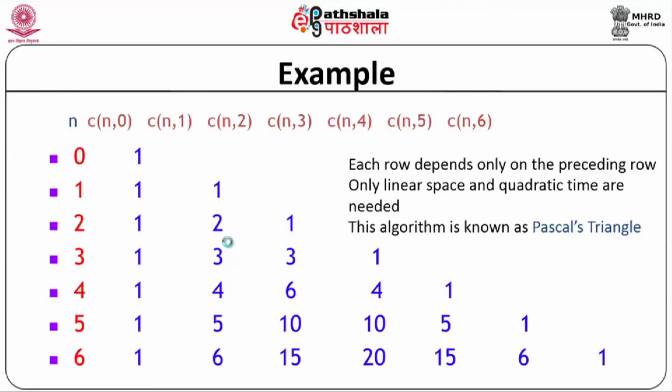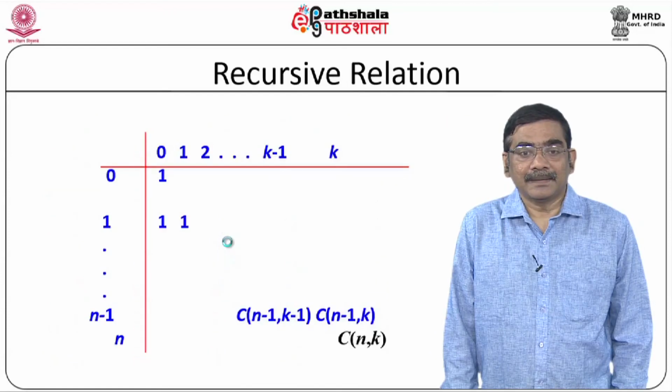So, suddenly you realize that the whole problem is reduced, where each row depends only on the preceding row. That means there is not much recomputation involved, unlike your divide and conquer approach. In other words, the whole problem is now reduced to something like a Pascal triangle.